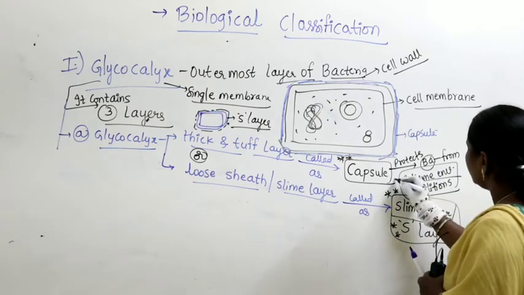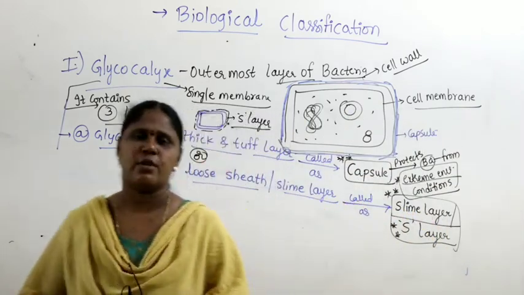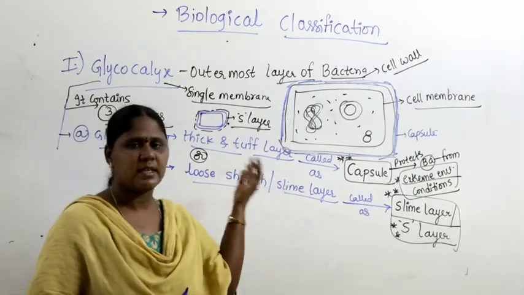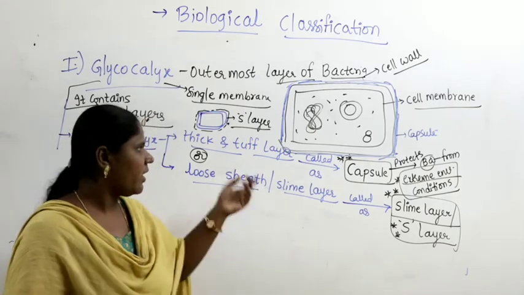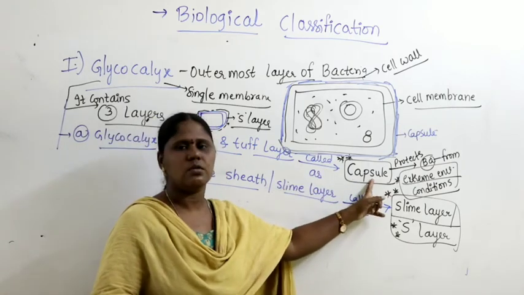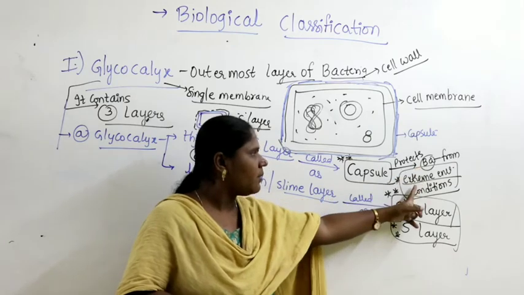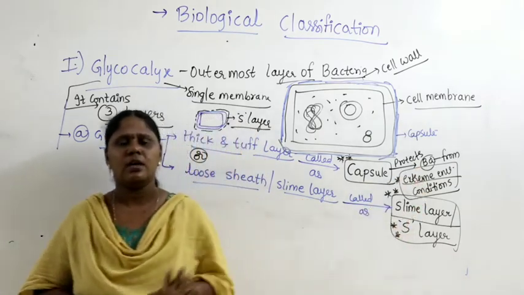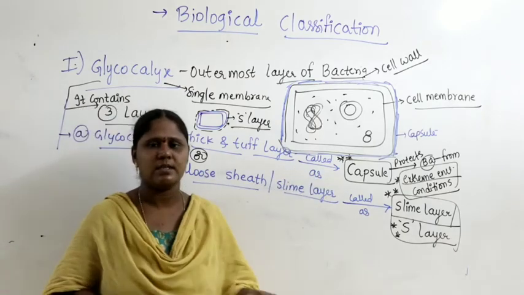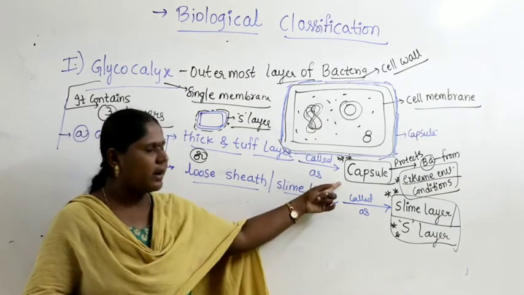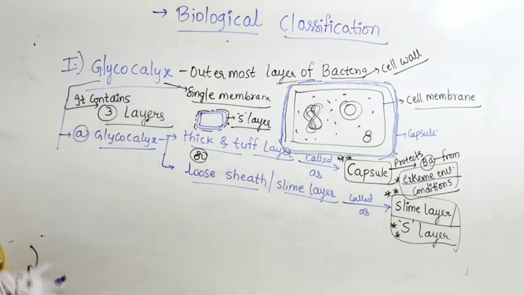Even if it is kept in high acidic or high salt conditions, some bacteria have the ability to tolerate, because they contain a capsule. Archaebacteria has a capsule, as we studied in the last few classes, which protects it from extreme environmental conditions.